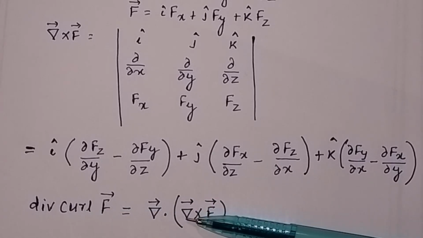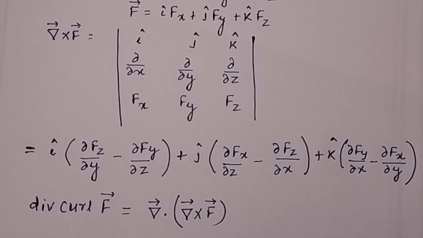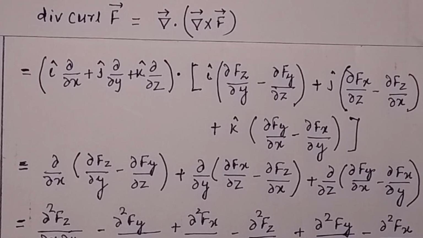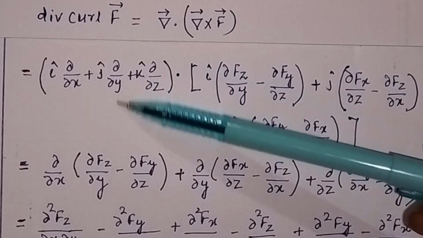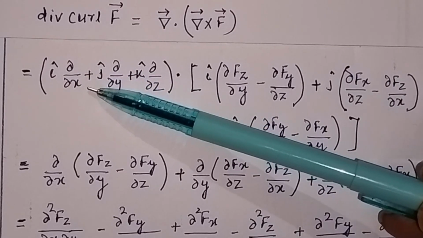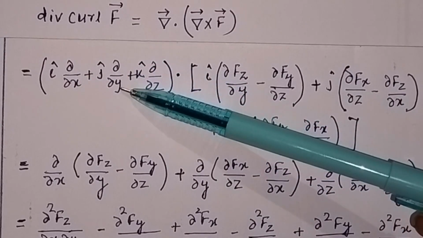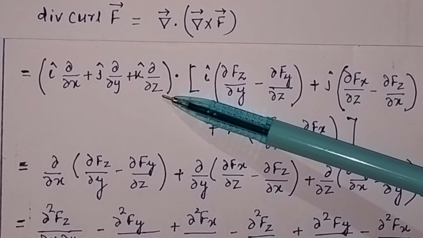That means del dot (del cross f). To find this, you will take the dot product of the del operator. This is the del operator, i cap partial derivative with respect to x plus j cap partial derivative with respect to y plus k cap partial derivative with respect to z.